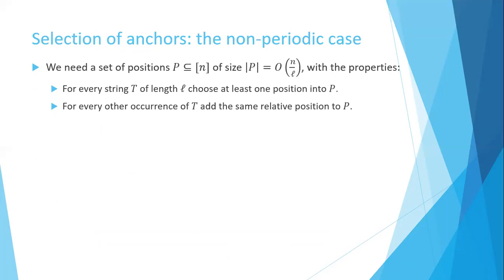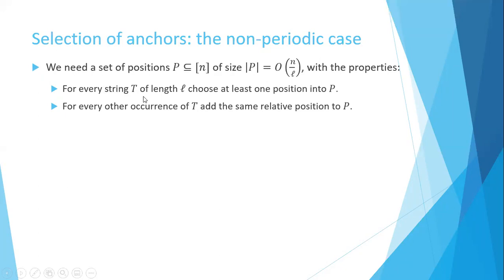So let's start with a single string. For a single string, we need some set of positions P, which is not so large, because we're going to have a space reduction soon. And we want it to have the following properties.